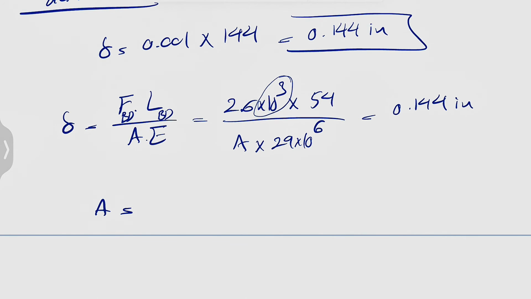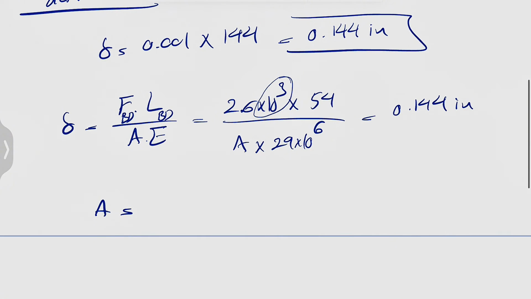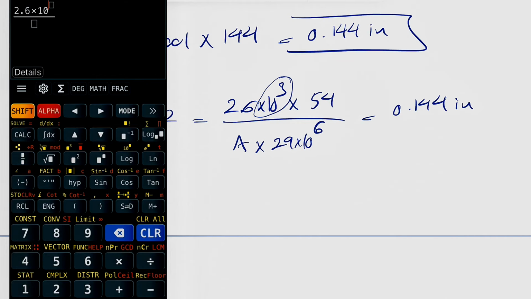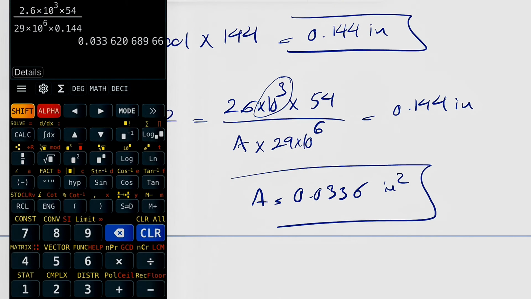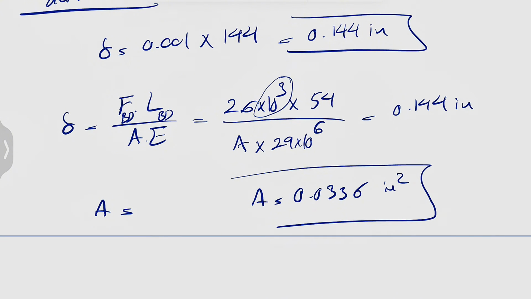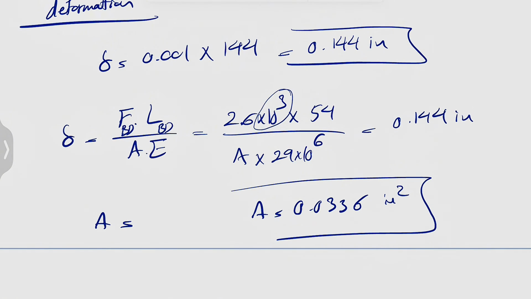We can easily find our area, which would be 2.6 times 10 to the 3 times 54, and in the denominator we have 29 times 10 to the 6 times 0.144. Our area here would be 0.0336 inches squared.